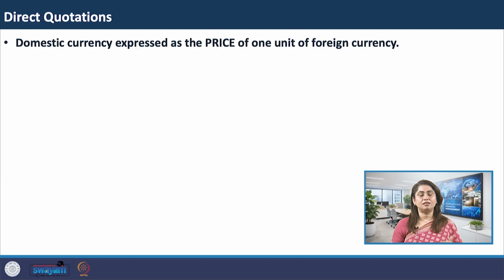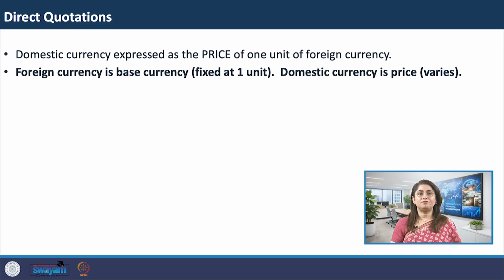Let's begin with the direct quotation. Here is the definition. In a direct quotation, the domestic currency is expressed as the price of one unit of foreign currency. In a direct quotation, the foreign currency is fixed at 1 unit. It is the currency that you are pricing, and the domestic currency is what you are paying.